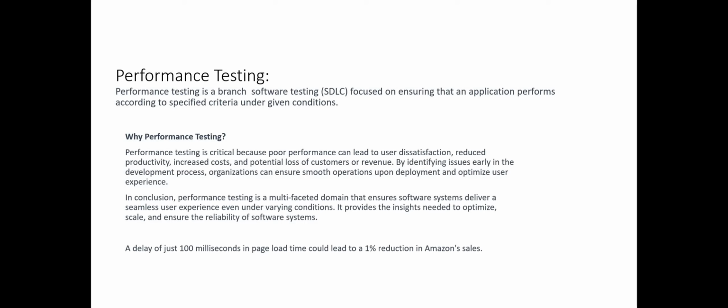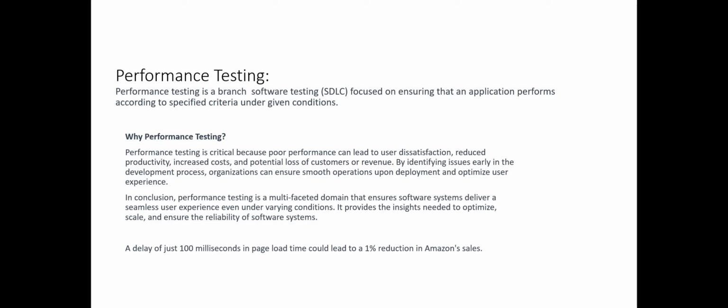Even an application which is running successfully, for example, Amazon or Flipkart, which is performing top notch, if it crashes during Big Billion Day or Black Friday, that company will lose customer confidence, and people will go to their competitors' websites which perform well. So these are some of the reasons why performance testing is very critical for the business.